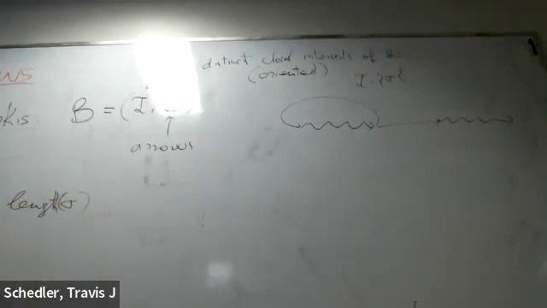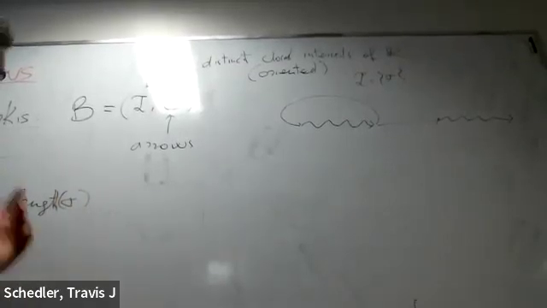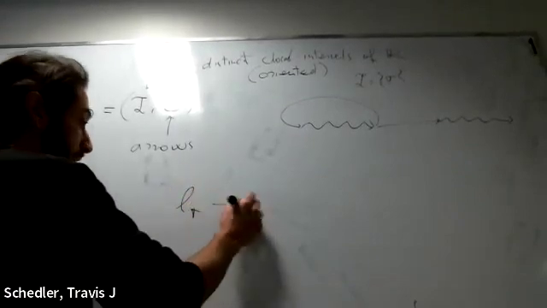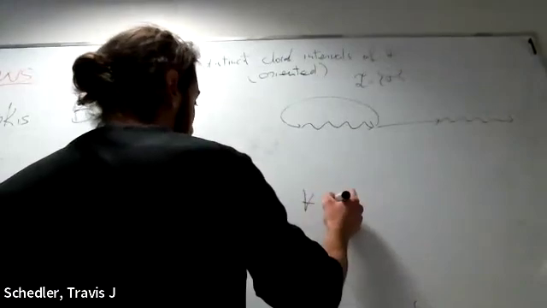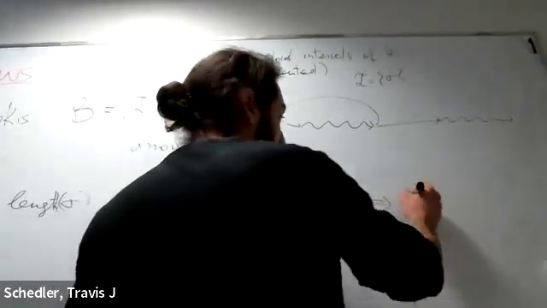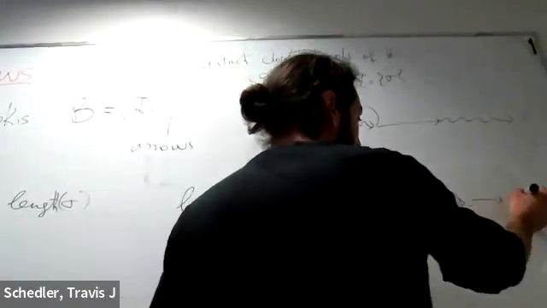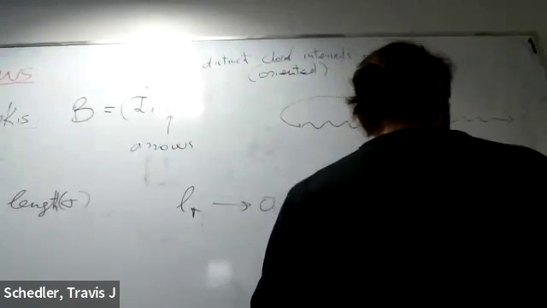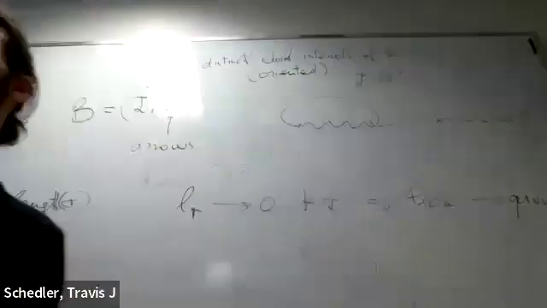And now Cherkis says that when the length of sigma goes to 0 for all sigma, then the bow goes to a quiver.